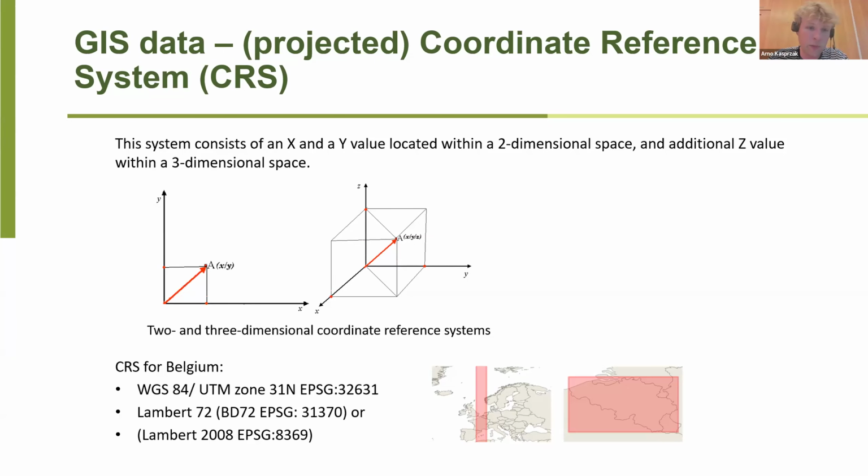You have a lot of combinations of them, and they all have a unique identifier called the EPSG code. For Belgium, for example, you already have 3 commonly used projected coordinate reference systems. So it's always very important, if you have spatial data, to also know in which coordinate reference system it is.